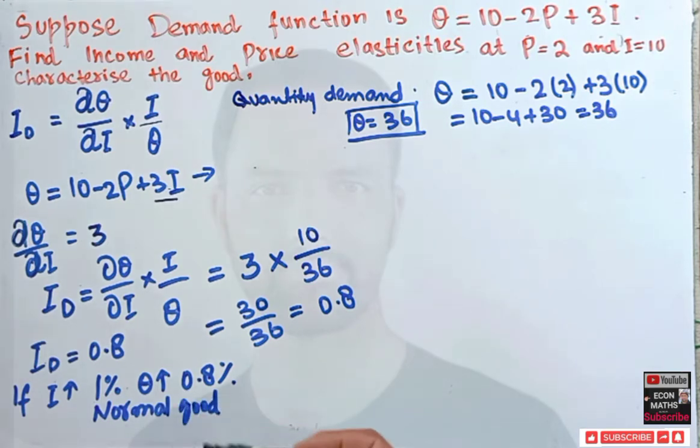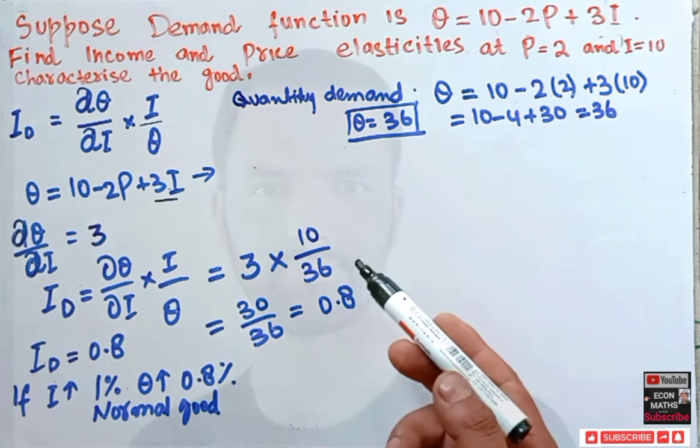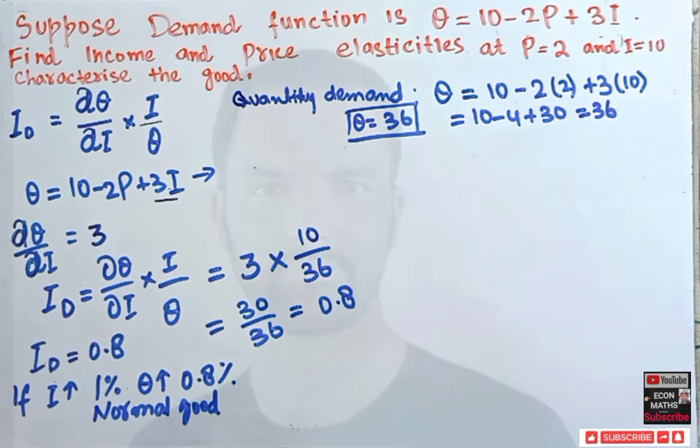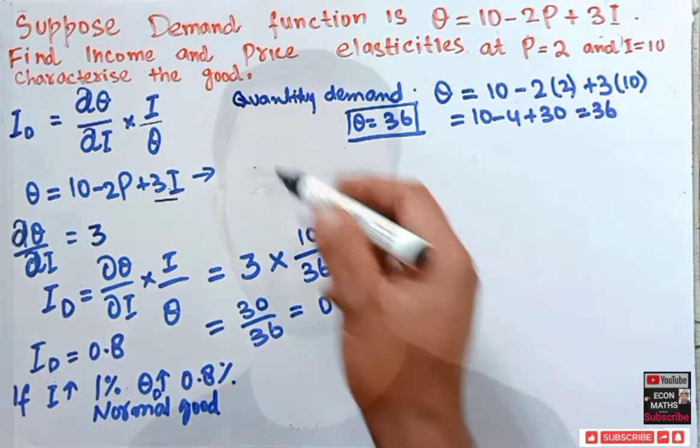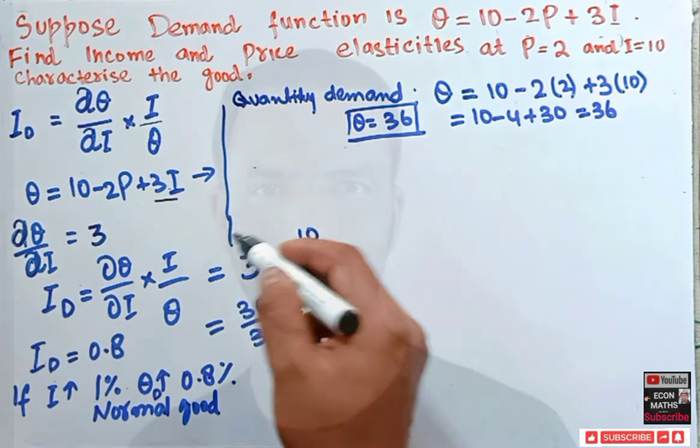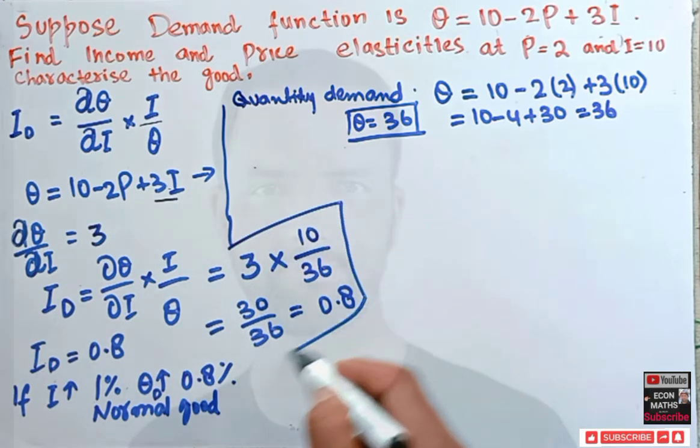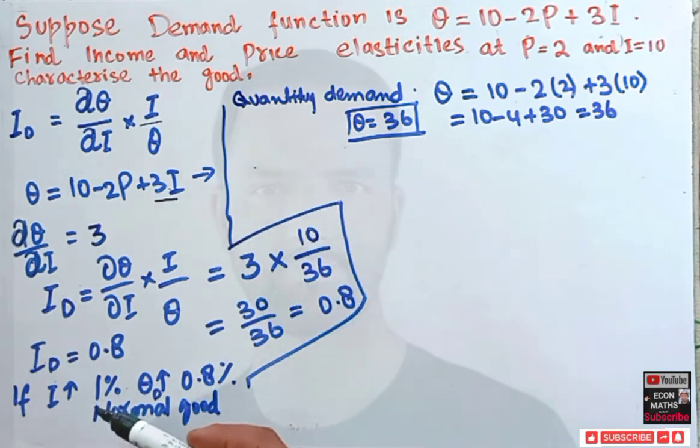Why are we saying this is a normal good? In case of a normal good, if the income increases and with the increase in income, quantity demanded also increases, then we say the good is normal, or otherwise we say the good is inferior. So in this case we have the positive relationship between income and quantity demanded in case of a normal good.